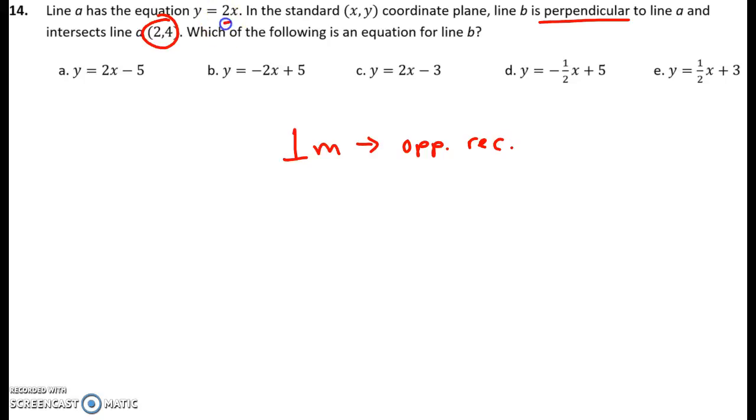So since the given slope is 2, 2 as a fraction is 2 over 1. So my perpendicular slope has to be flipped. And since this is positive, this now has to be negative. So from that alone, you can see that those have a slope of 2, a slope of negative 2, a slope of 2, a slope of negative 1/2, and a slope of positive 1/2. So therefore D is the only correct answer.